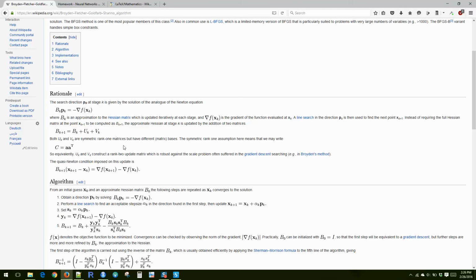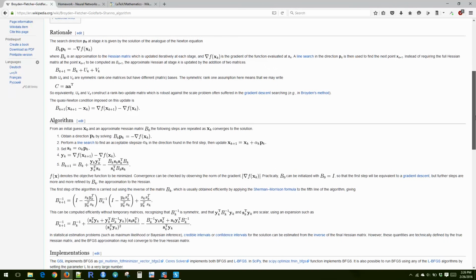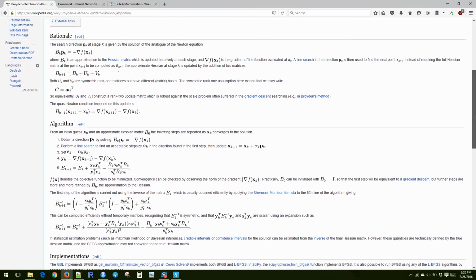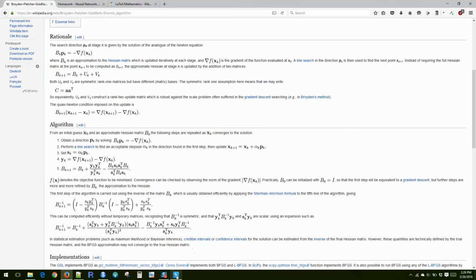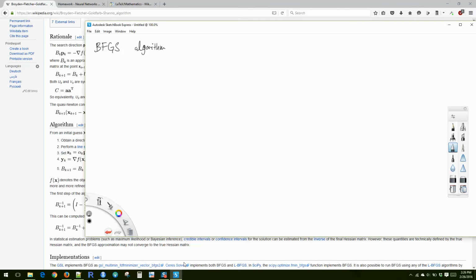Do we need to understand all of these details? I don't know. Maybe in a graduate level course it'd be very good too. I think maybe for our class we can just say this is the big idea of what BFGS is doing.